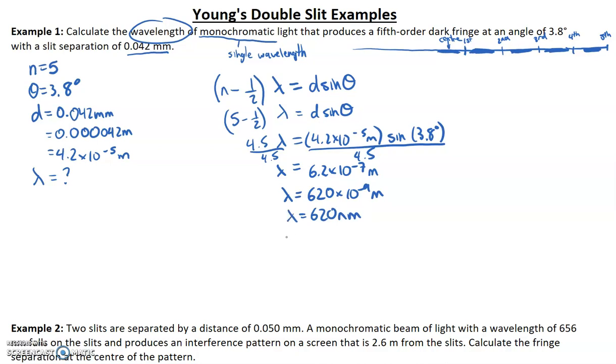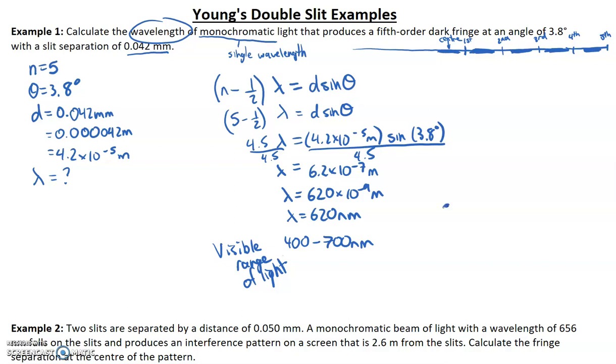The visible range of light is somewhere roughly between 400 to 700 nanometers. If you don't get a number that's somewhere in there, you've done something wrong. If you're talking about visible light, we're always going to get a number in that range. So this makes sense. That's a number that we would expect.